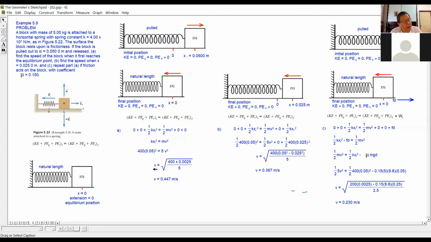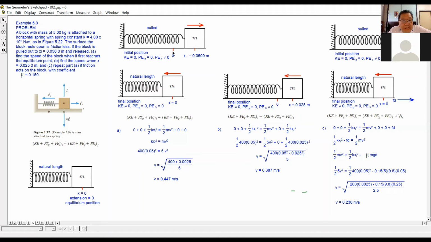So the displacement is zero. This is the natural length of the spring in its original state, neither stretched nor compressed. Okay, so this is it. So from this zero position, from this equilibrium position, we come like this.